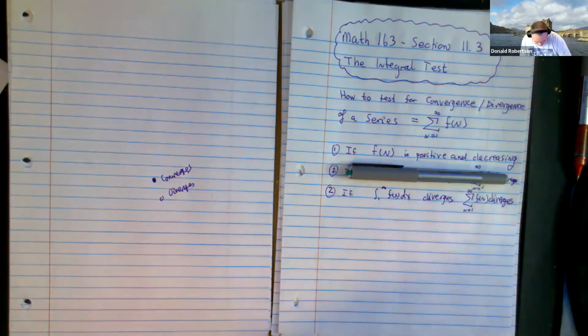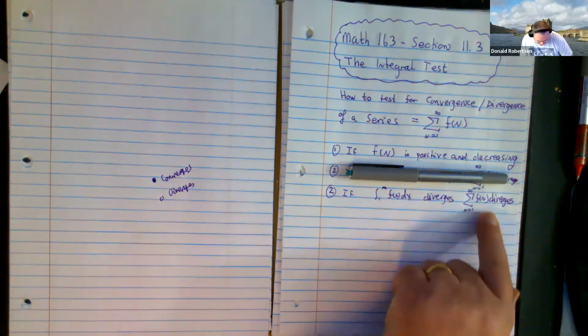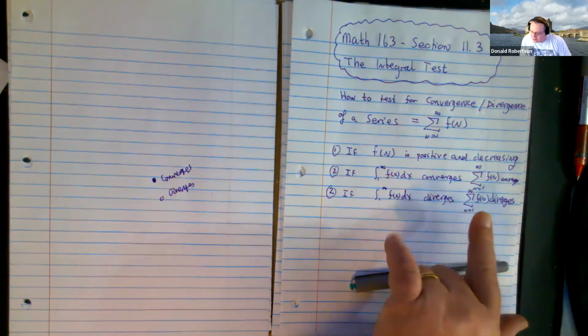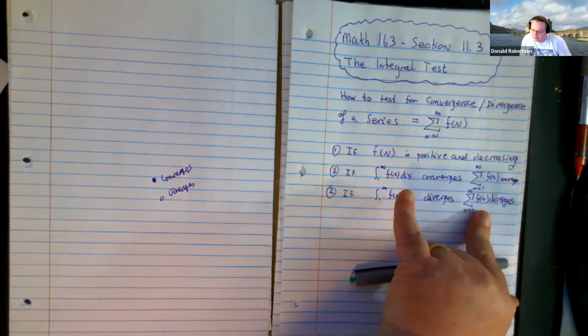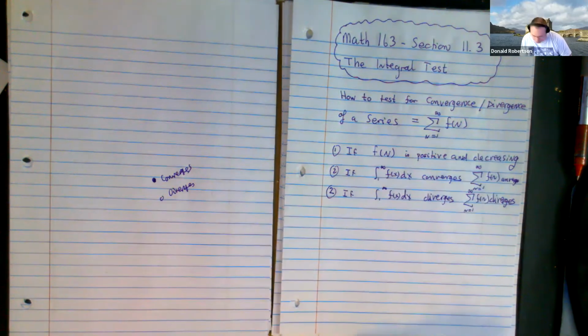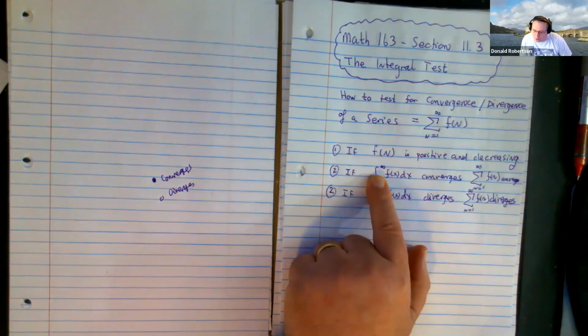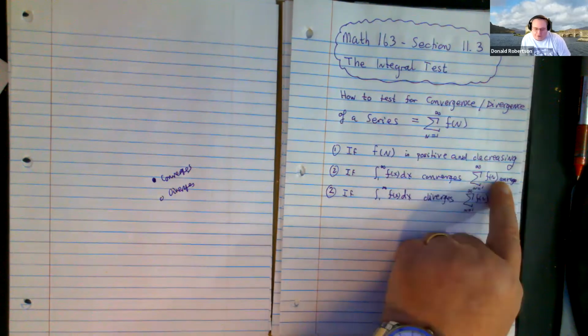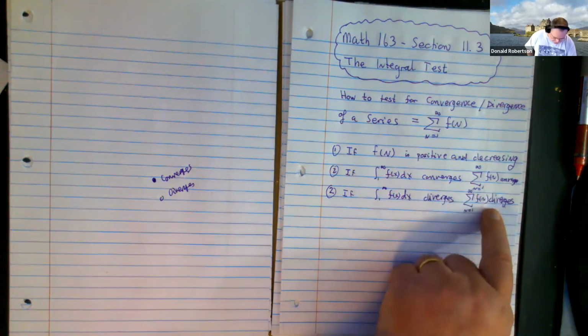So essentially, this integral and this series behave the same way. If this converges, that will converge. If this diverges, that will diverge. So that's the process. Prove to me it's positive and decreasing, and then find this integral. And depending on what you get from this, you'll either conclude that it converges or it diverges.